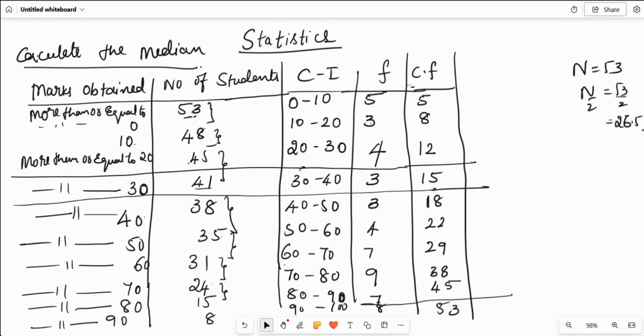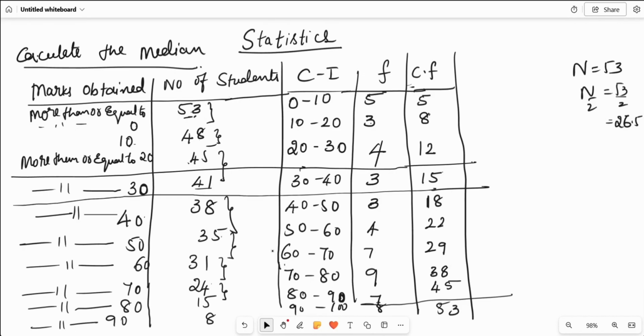Netra, which is the median class here? Median means what? How many times I'm telling, keep on telling, why are you people making mistakes? See, median means, first thing, remember in mind, first you will calculate the CF column.